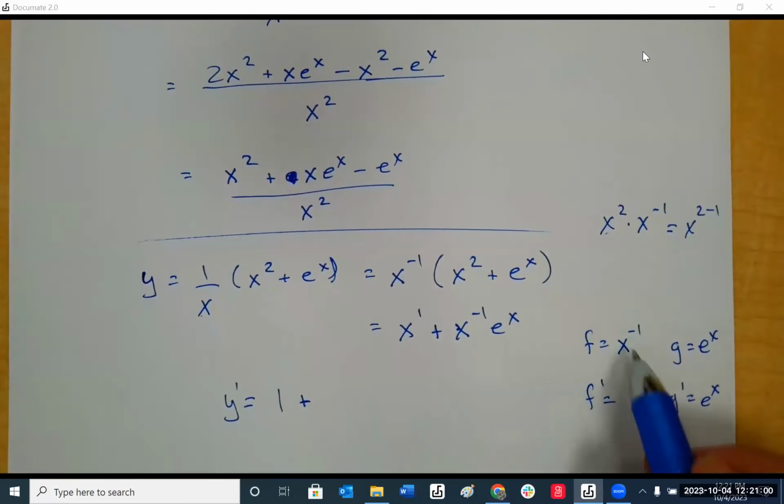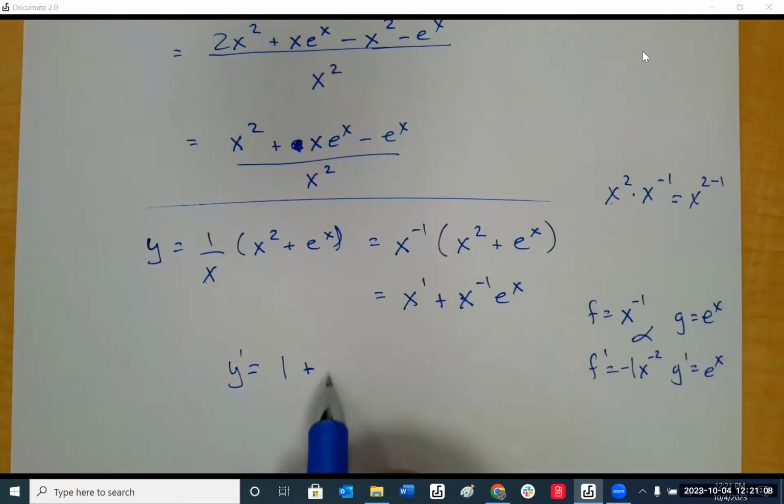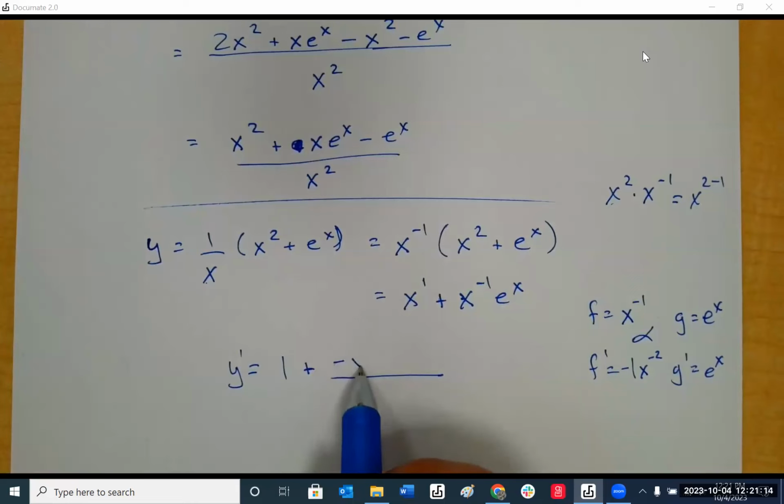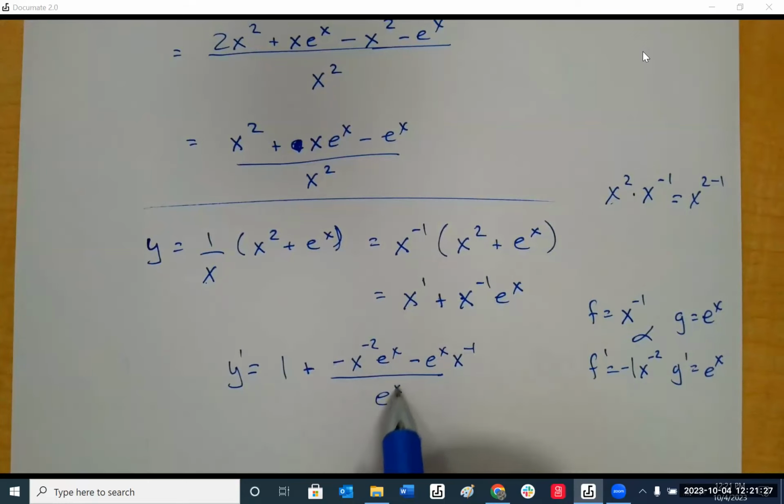This is e to the x. This one's gonna be negative 1. So it's gonna be negative x squared minus e to the x, x to the power -1, over e to the x squared.